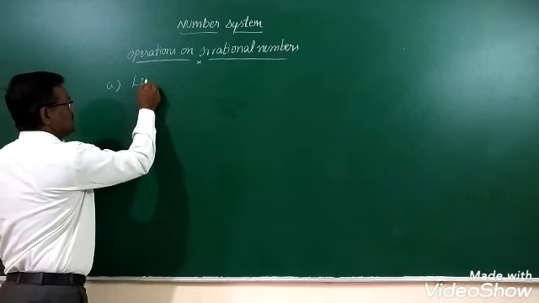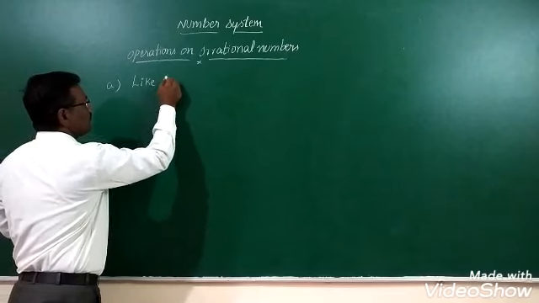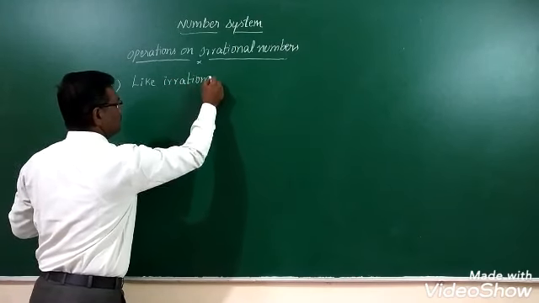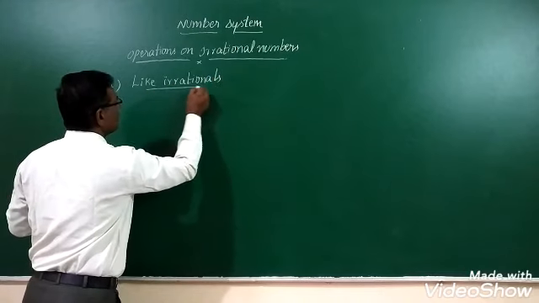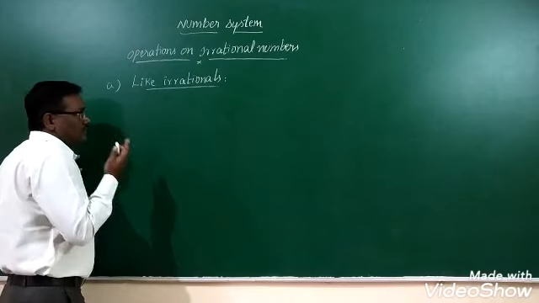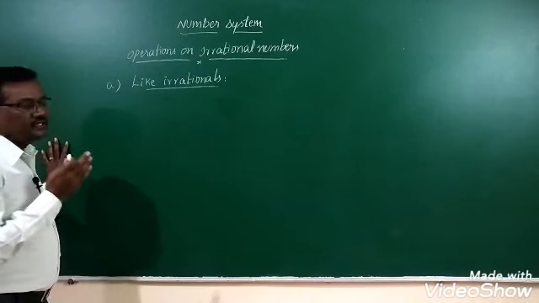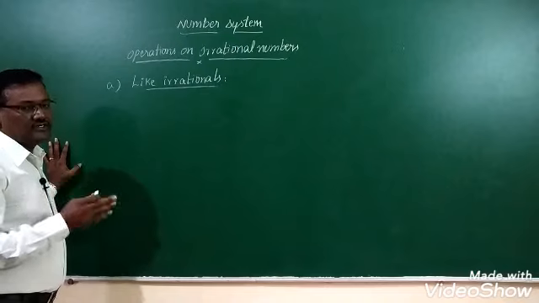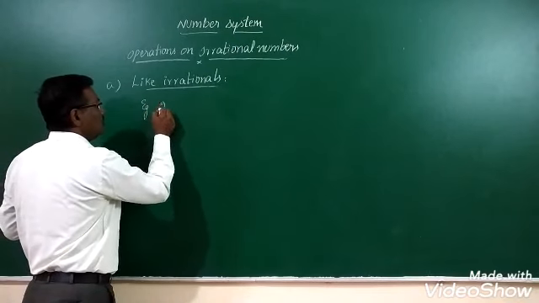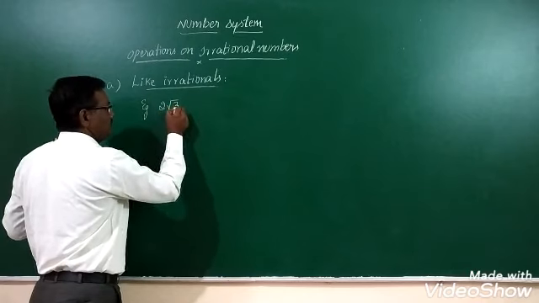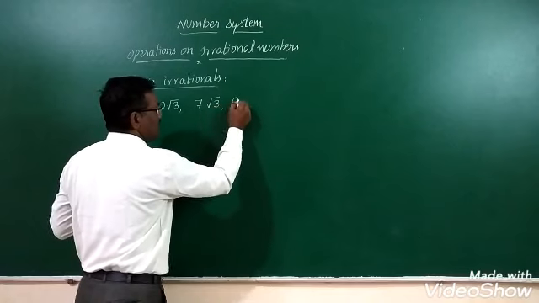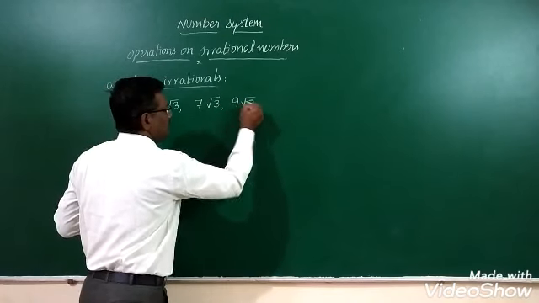Like irrationals means the irrational term should be the same. Example: 2 root 3, 7 root 3, 9 root 3.